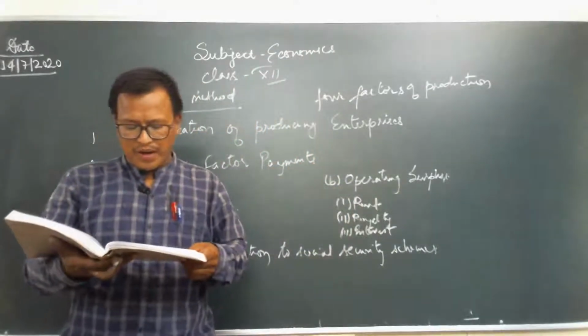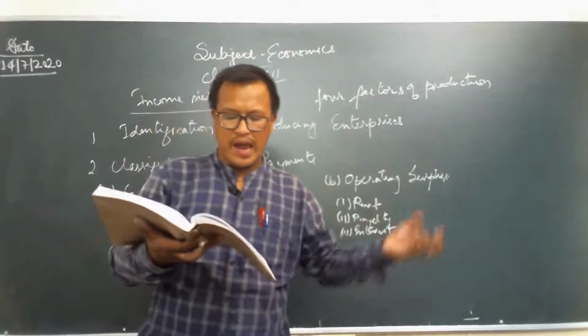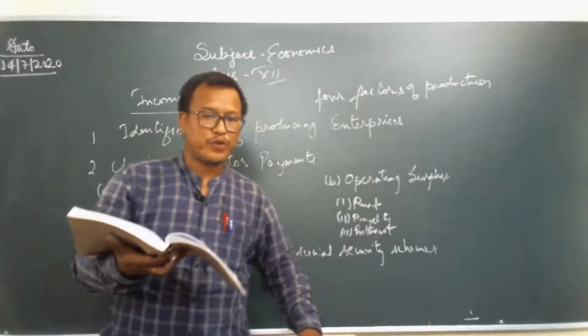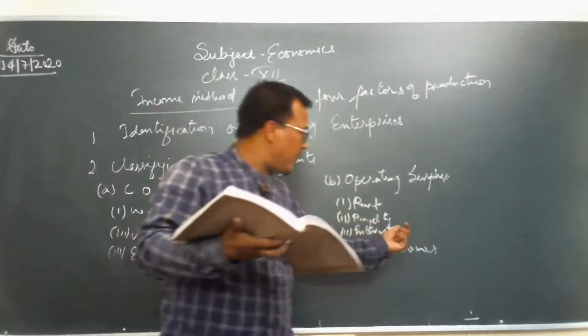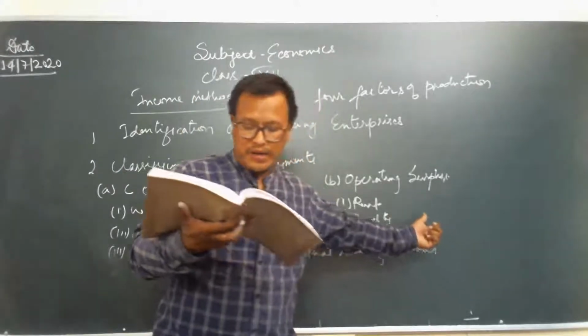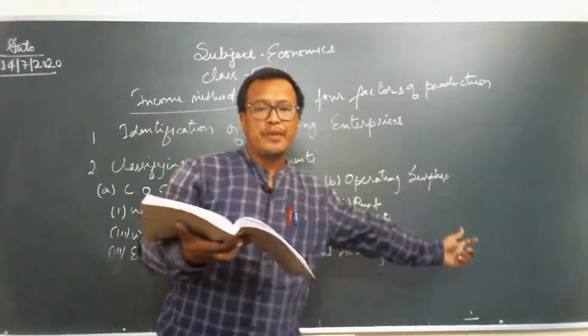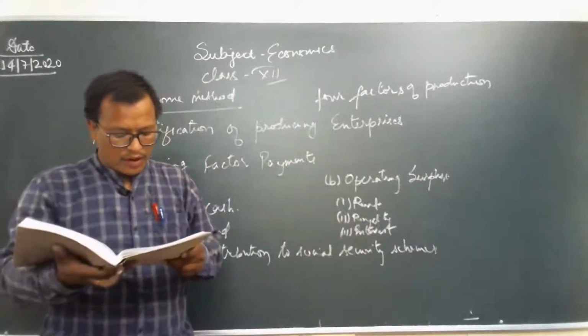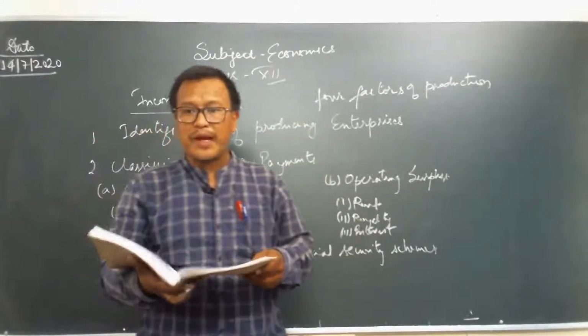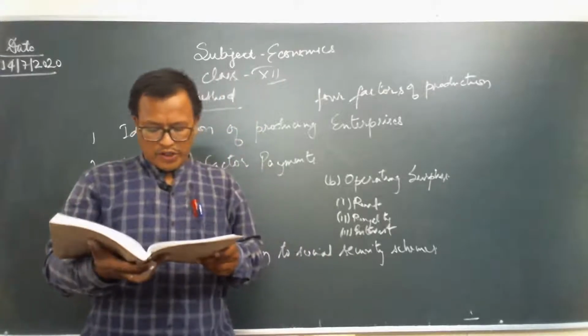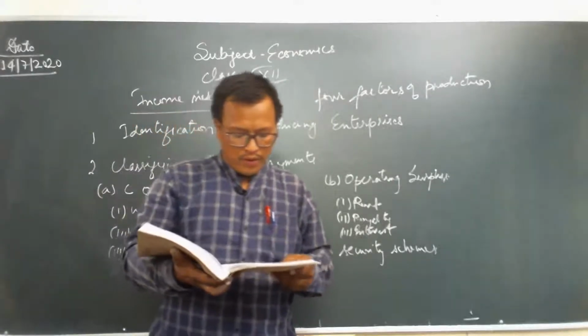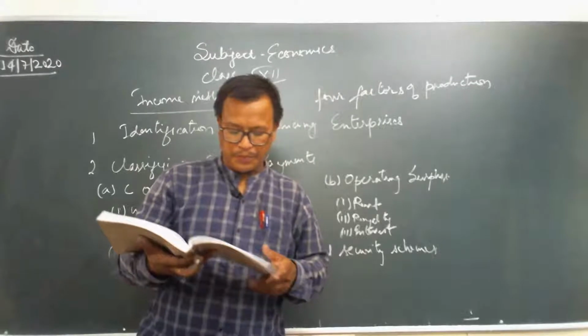Interest payment includes both actual and imputed interest. So both these will combine, the actual interest and the imputed interest. Similarly in rent, the actual rent and the imputed rent. So it is a factor payment made by the production unit for the capital borrowed for productive purposes.